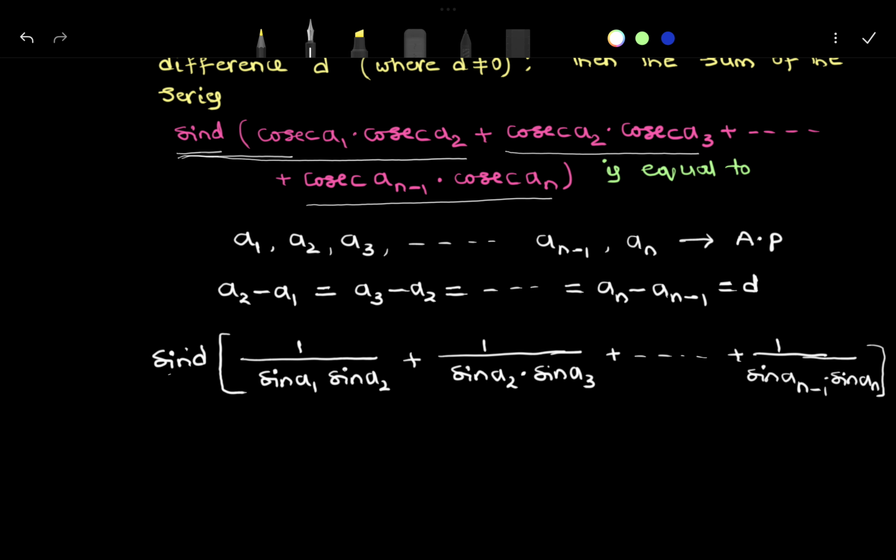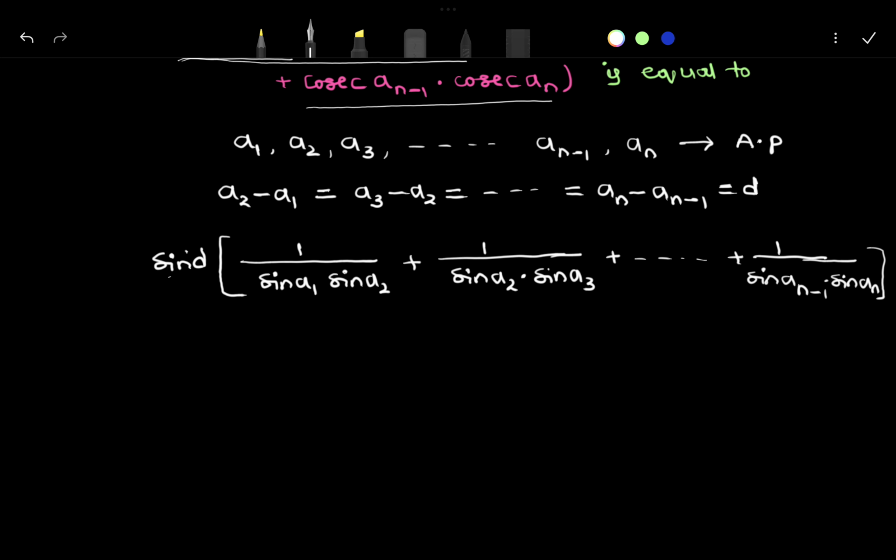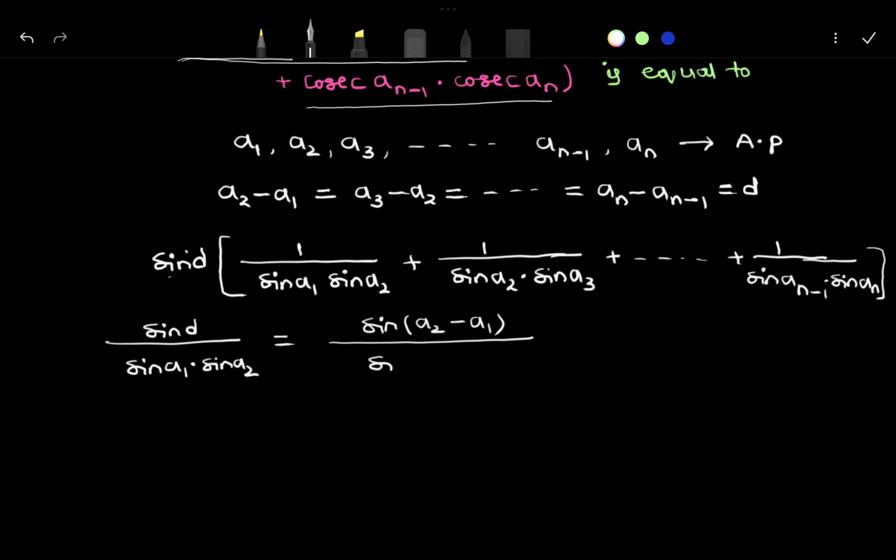Now sin d is the common multiple, so multiply the first term with sin d, the second term also with sin d, and so on. The first term will be sin d divided by sin a1 into sin a2. First simplify this: sin d can be written as sin of a2 minus a1, divided by sin a1 into sin a2.